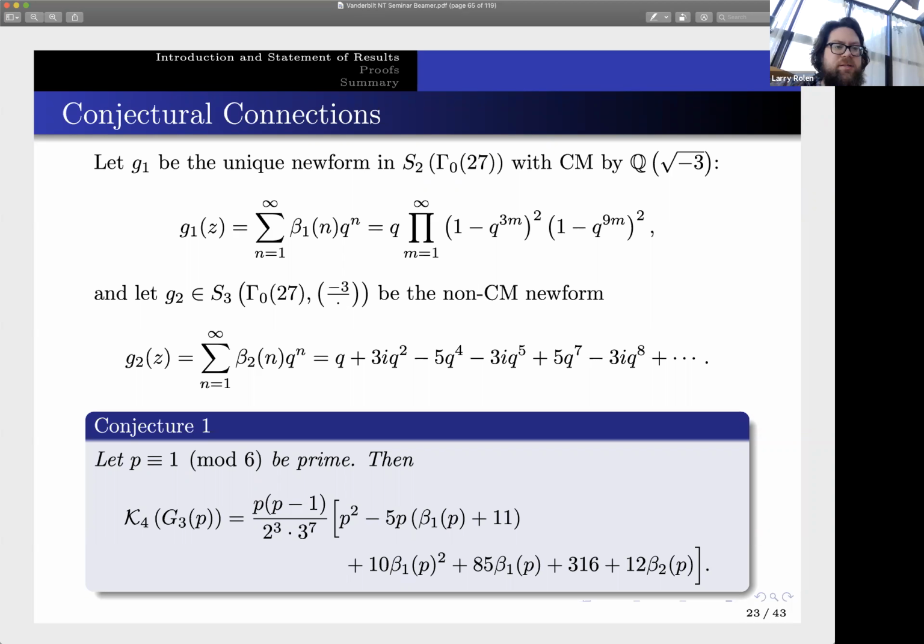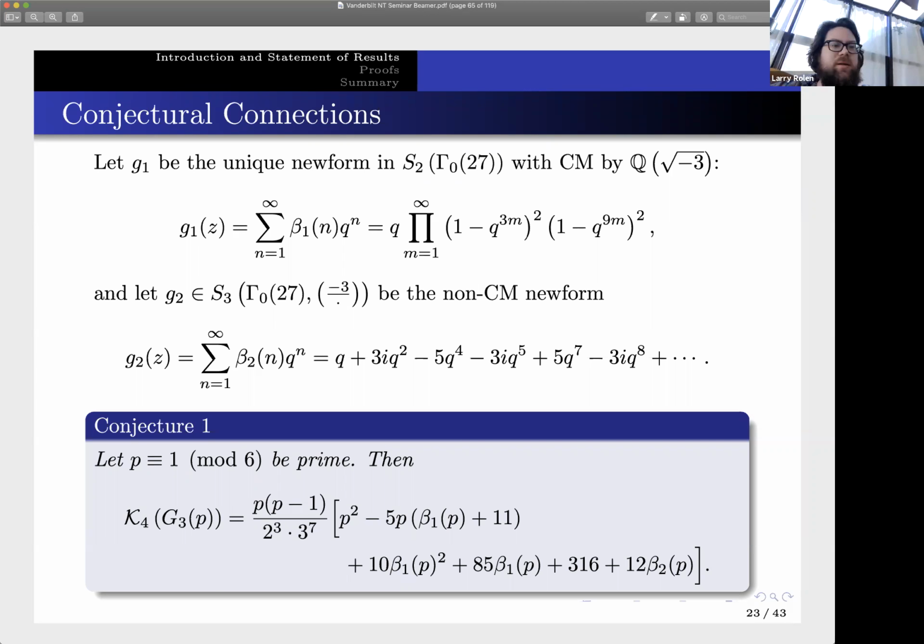So, Ian, are you getting at something like, you have the number of K4, there's some kind of bijection between something involving complete graphs, subgraphs, and the number of points over finite fields of elliptic curves in some cases, or eigenvalues of Hecke operators?